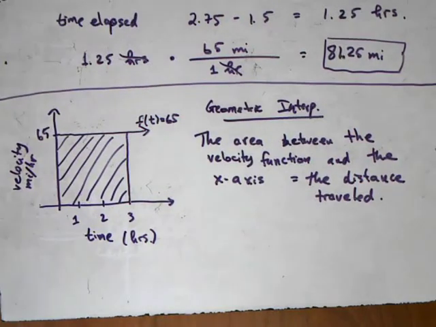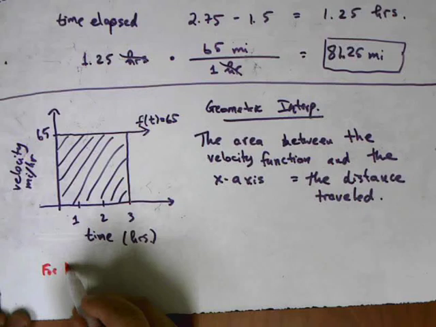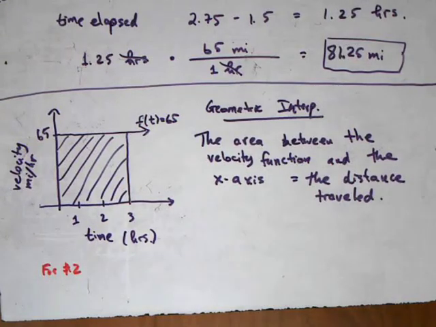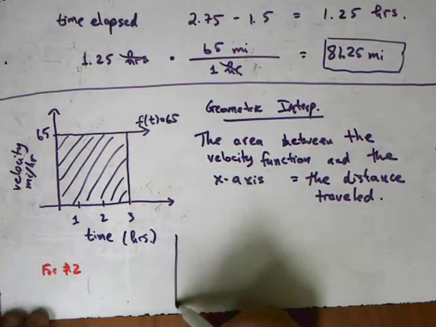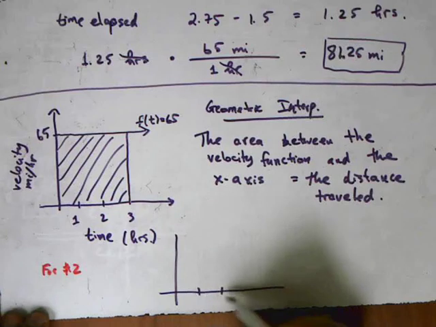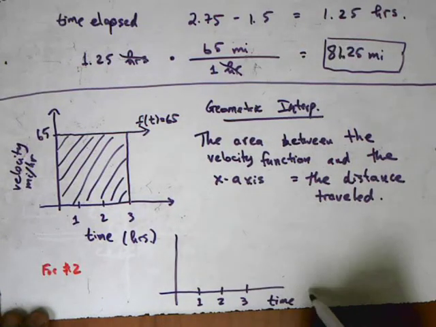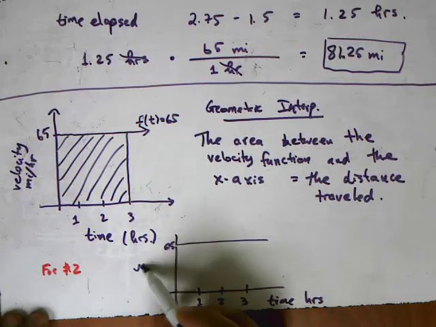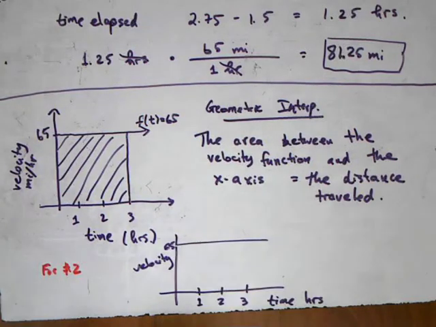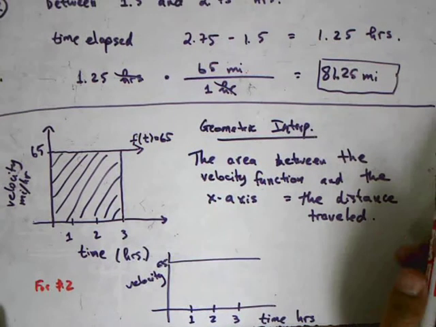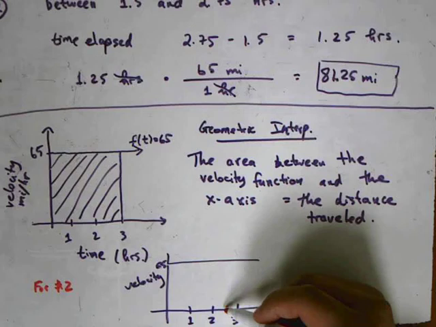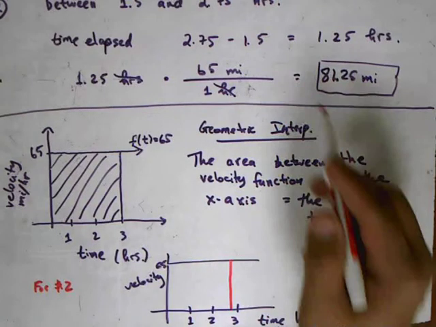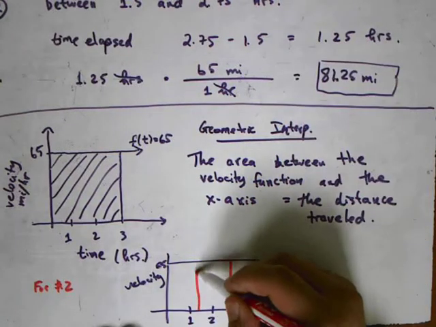Let's look at this for number 2. Well, the graph stays the same. I'm going to redraw this graph, even though it may seem a little bit tedious. This is time in hours, this right here is 65, and this is velocity. For number 2, we wanted the distance traveled between 2.75, approximately here, and 1.5, approximately here.